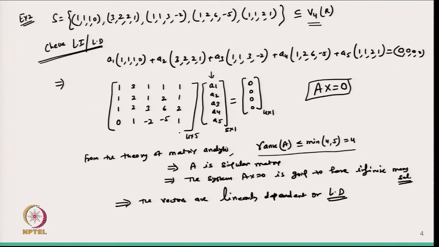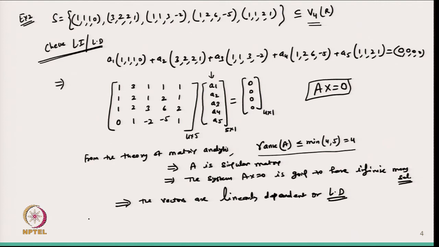has a rank 4, then still it has a rank 4 and we have a matrix 4 cross 5. So, it is going to be a singular matrix, and then if we solve this one, we can check that they are going to be linearly dependent, because the number of variables is 5.